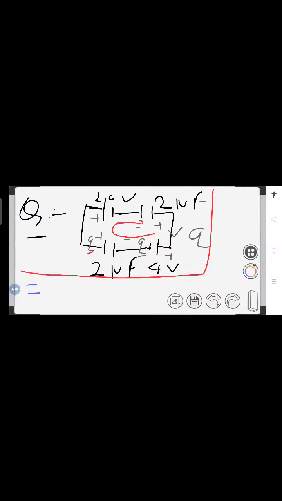It will be minus 16 plus Q is equal to 0. From here the value of Q is equal to 16 microcoulomb.